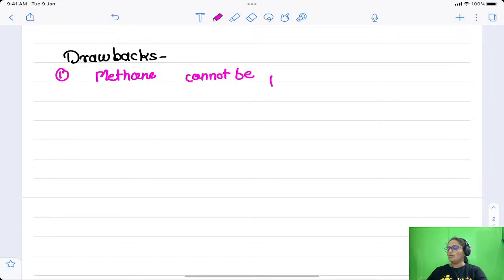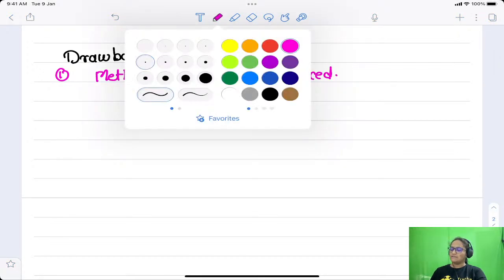Why? Because in methane there is only one carbon atom. In the Wurtz reaction, the carbon atoms are doubled, right? So there is no alkane which contains half the carbon atoms. Therefore we cannot produce methane by this reaction.